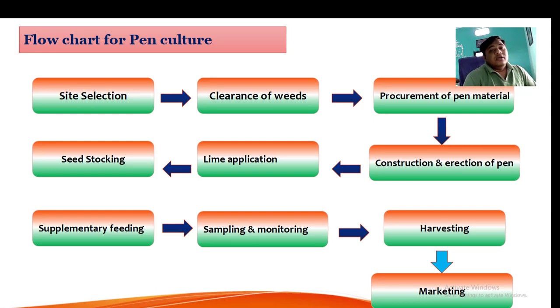Along with the feeding, sampling and monitoring is also an important criterion in pen culture. We have to sample every week, collecting fish from the pen, observing and monitoring the fish for diseases and for a good survival percentage.